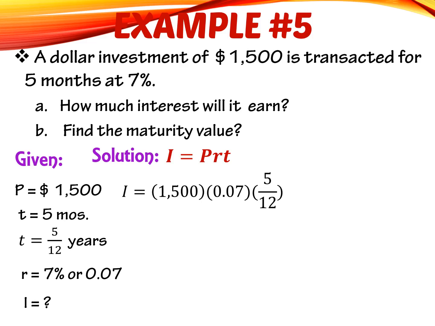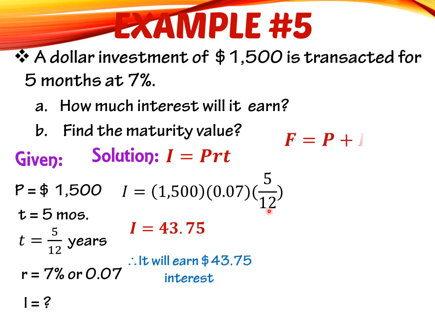So, all you have to do is to multiply 1,500 times 0.07 times 5. Whatever is the answer, you divide it by 12. So, that will give you 43.75. Therefore, the interest is $43.75.